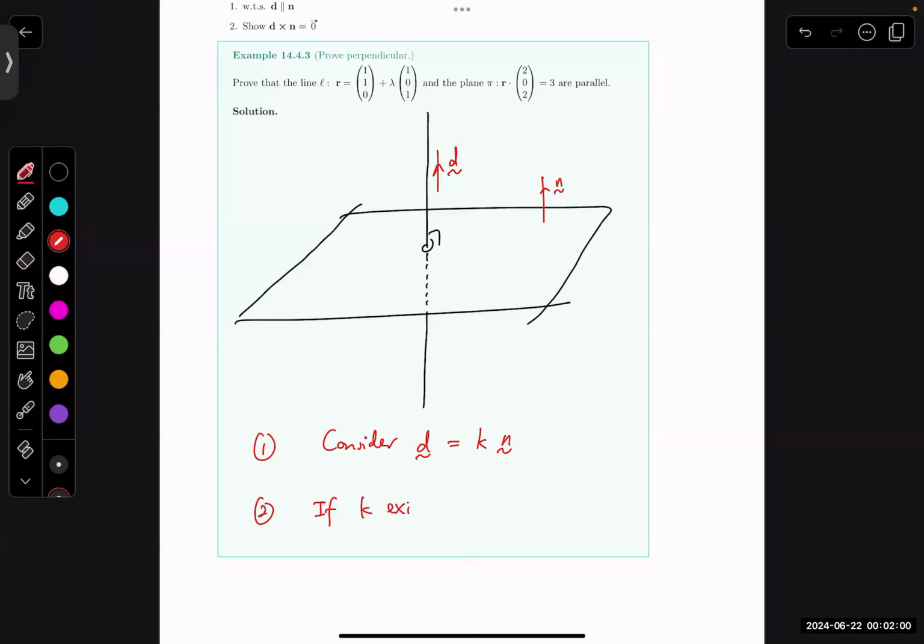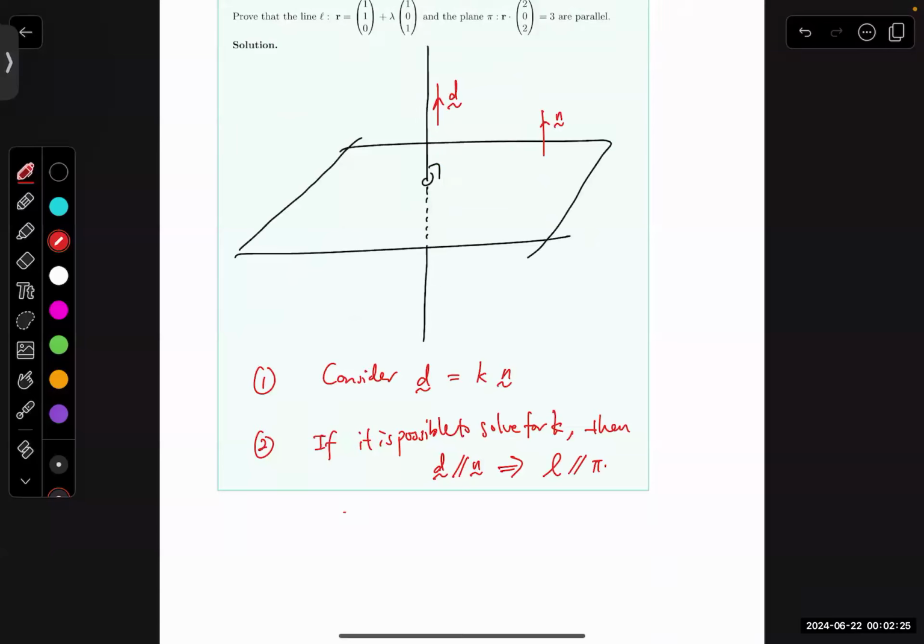If it is possible to solve for K, then D is parallel to N, which means the line is perpendicular to the plane.